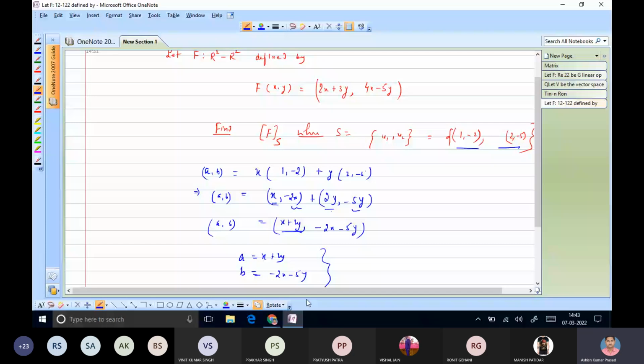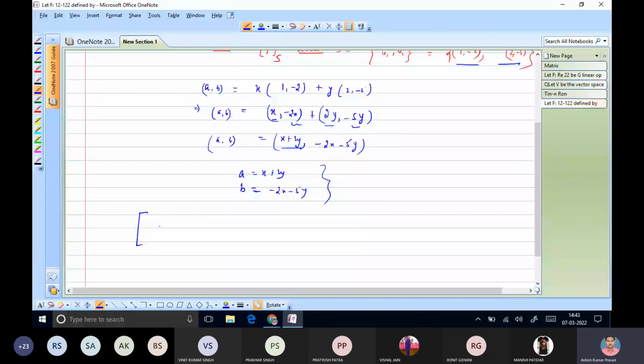So first of all, see what we have to do. If you find the F image of U1, how much will you get? Or do one thing, you solve this pair of equations in order to find xy. So what you can do, you can write 1, 2, right hand side is A, minus 2, minus 5, right hand side is B, right? And see how much I am getting.